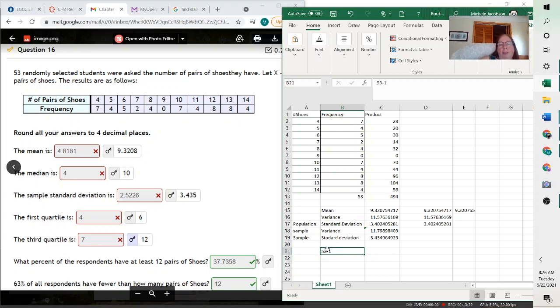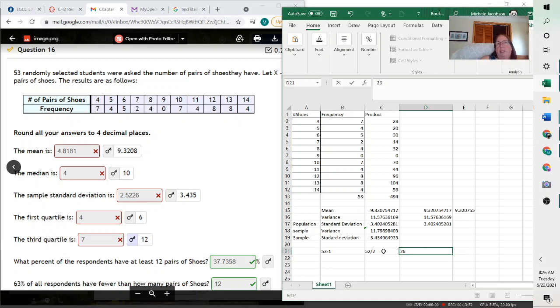So there's 52 of them. Now if we take that and divide by 2, that gives us 26. So that means there's 26 on each side. So 26, your median, and 26.